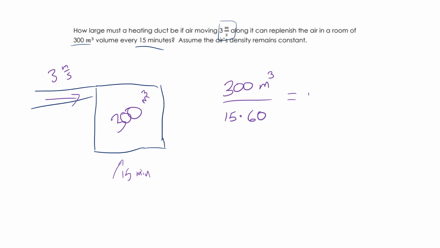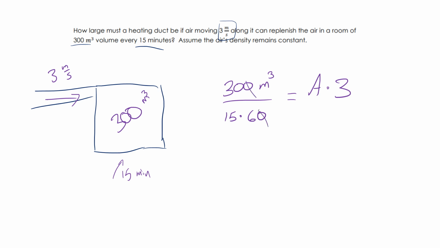That's going to equal the area times the velocity, right? But I know the velocity, so the velocity is going to be 3. And there it is.